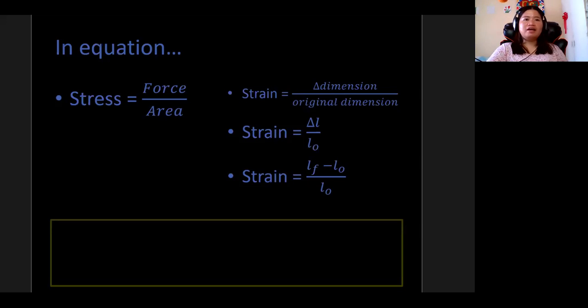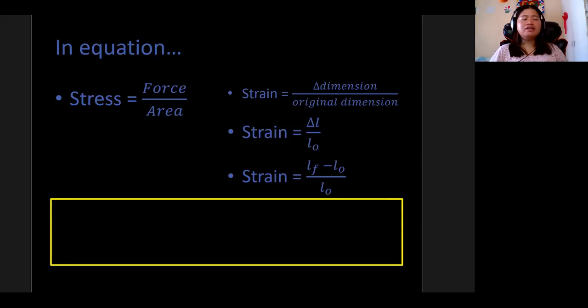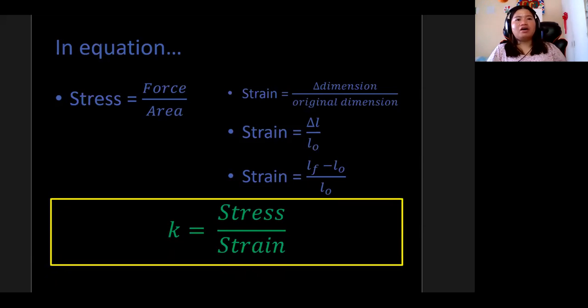And then to relate the strain and the stress, it becomes K equals stress over strain. That is the general formula for Hooke's law. Remember that Hooke's law says, who can recall the statement of Hooke's law?